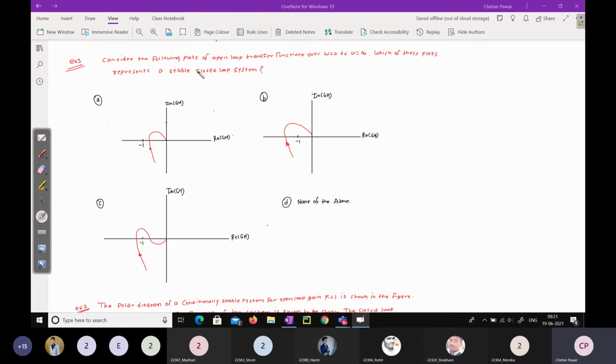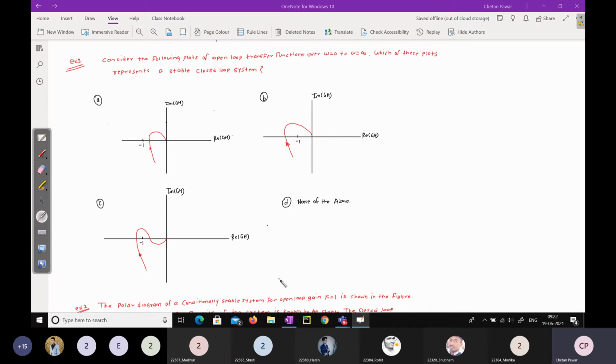Which of these plots represents the stable closed loop system? Since the plot is from omega 0 to omega infinity, that will definitely be a polar plot. So there are four options: A, B, C, and D. What is the correct option here?